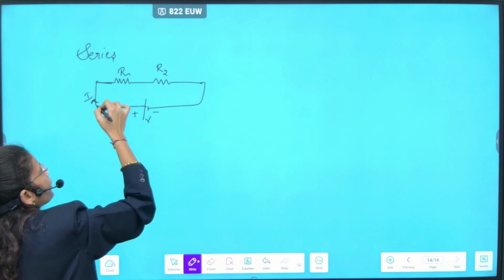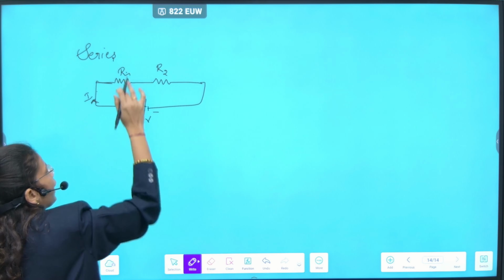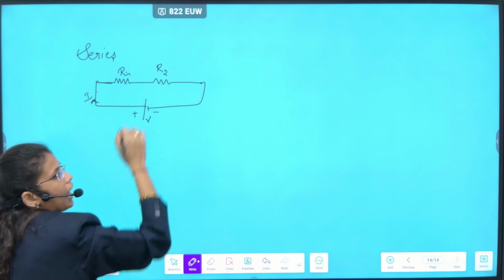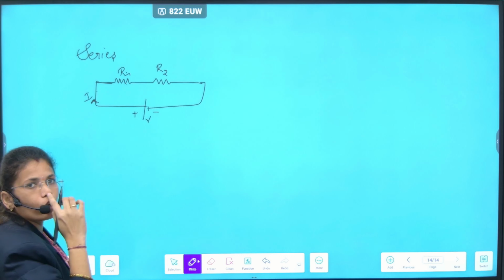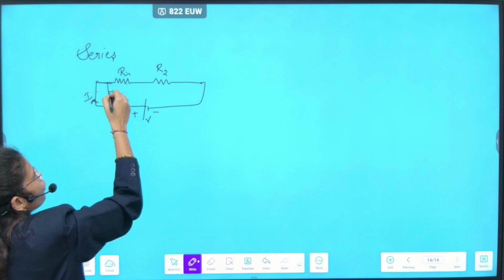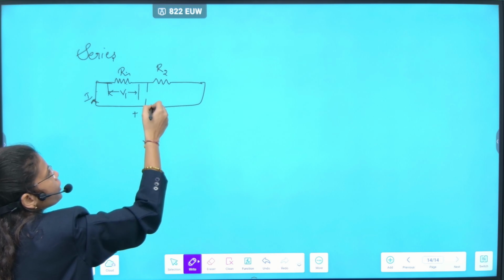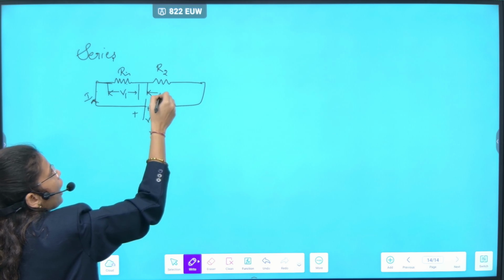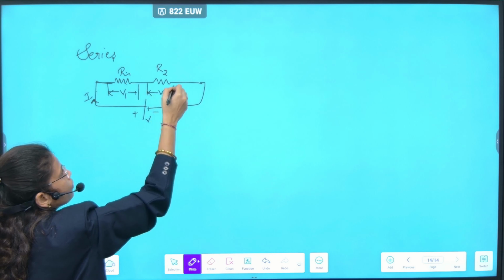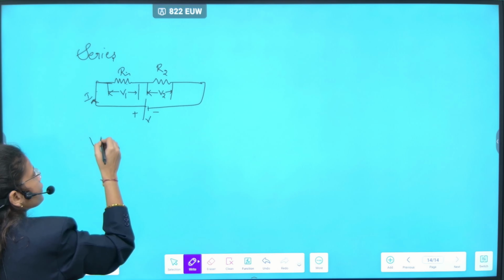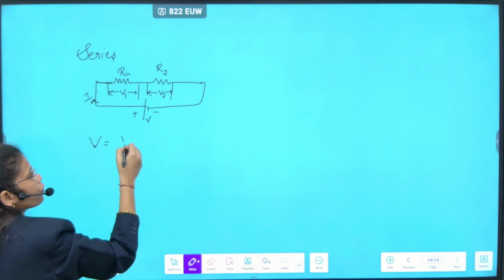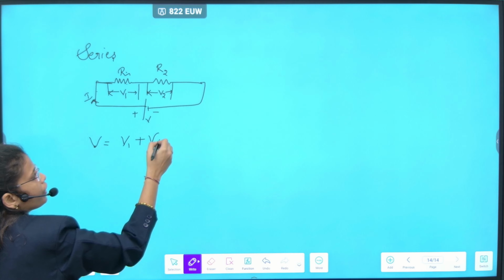The current I flows through R1 and I flows through R2, but voltage drops across the resistors. The voltage drop across R1 is V1 and across R2 is V2. So the supply voltage V equals V1 plus V2.